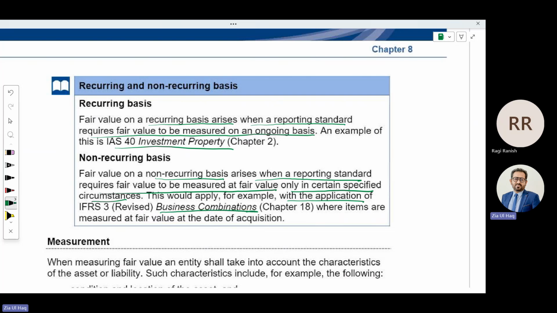When you are acquiring any subsidiary, you need to consolidate subsidiary results with the parent company results, but based on fair value only when you are acquiring. Items are measured at fair value at the date of acquisition only. In future, we will not measure fair value. Whatever value we have incorporated once will be used as a cost.